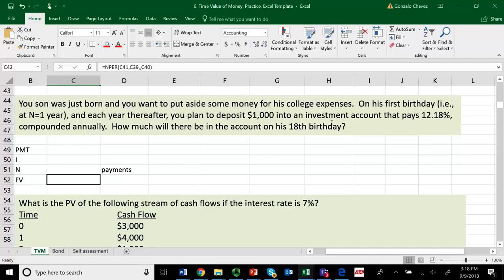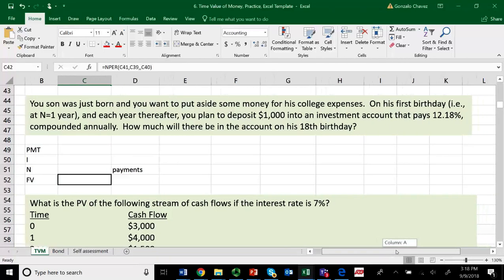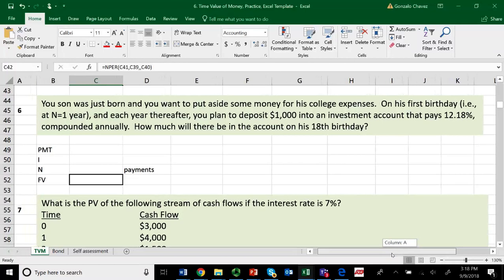If you put $1,000 every year, then this is an annuity. So these are payments that you're going to make. Now this account earns 12.18% return, and this is compounded every year. So the question is, how much will there be on his 18th birthday? How much will your son have in his account by the time he's 18 if you deposit $1,000 every year?